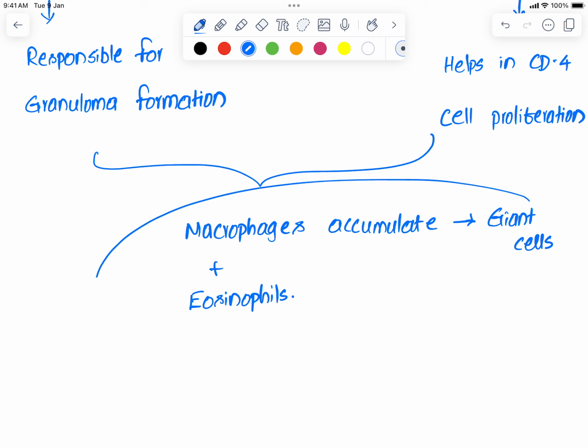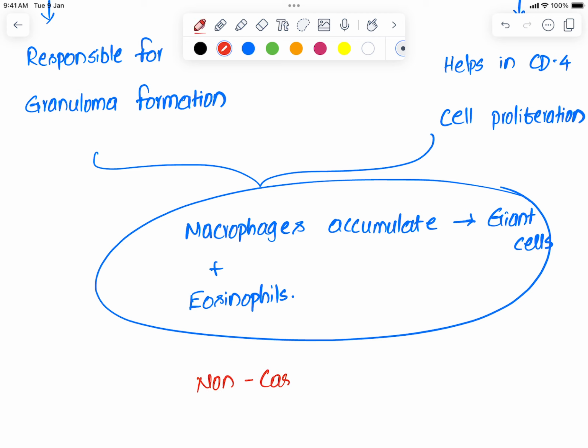Together they form what is called a non-caseating granuloma.